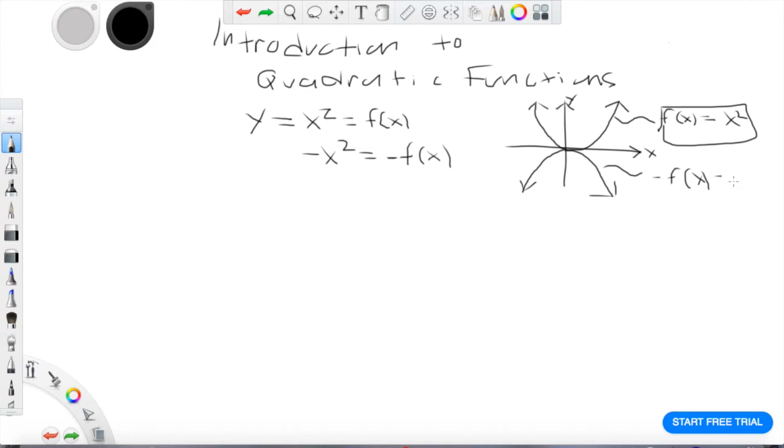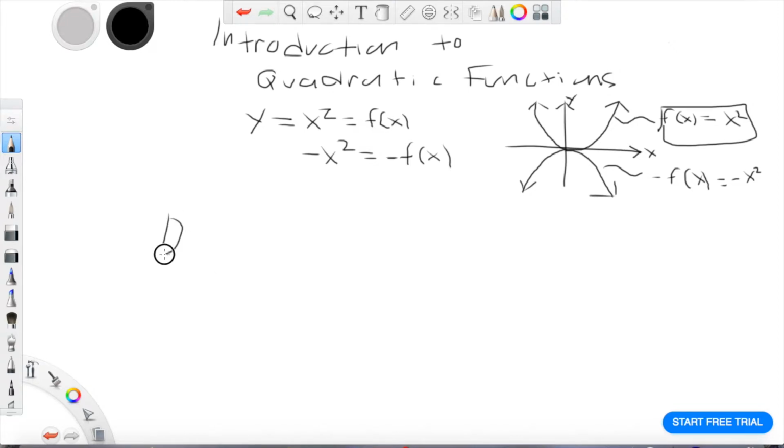Here, let me give myself some more room here. And so this function opens up downwards, while this function opens up upwards. So let's take a look at the difference between the domain of the two functions.